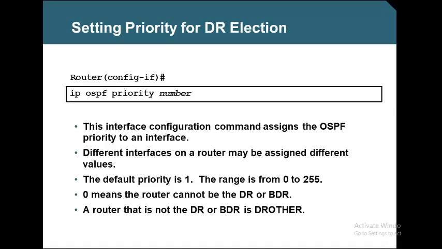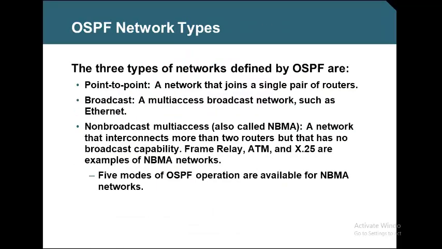Is there any question so far? No. Okay. So we have seen in depth these two types which we have done some labs, point to point and broadcast. In point to point, the default priority is 0. And even if you change the priority, it is of no use. I showed you why it is no use.